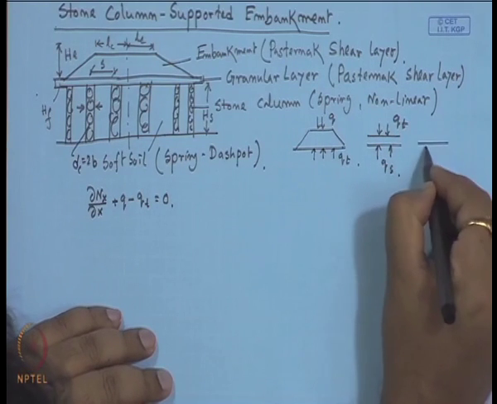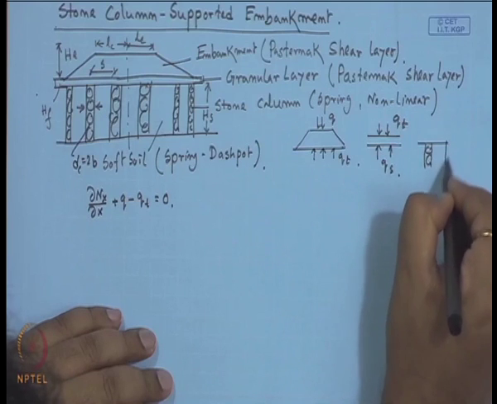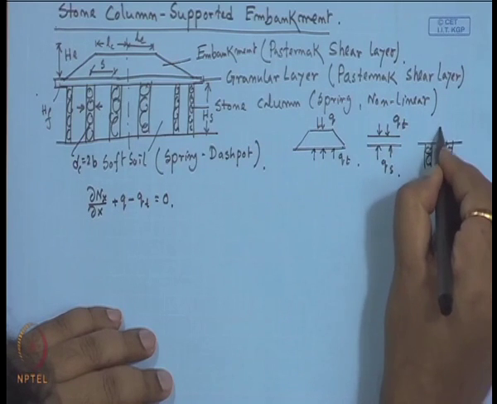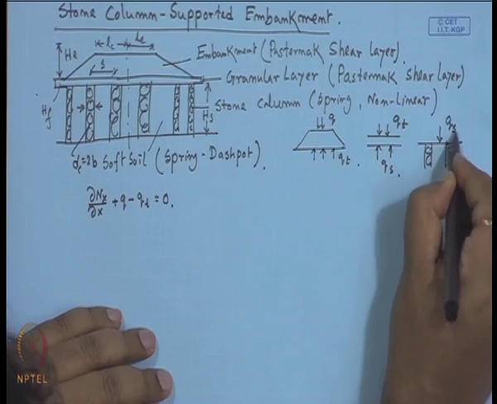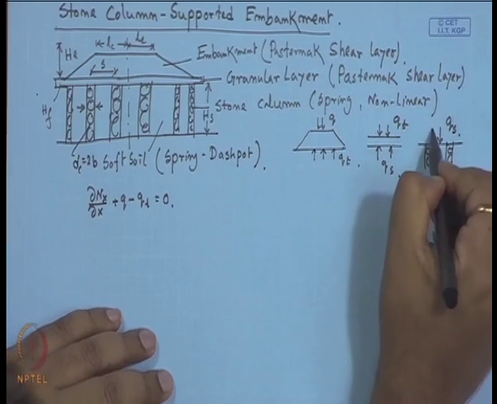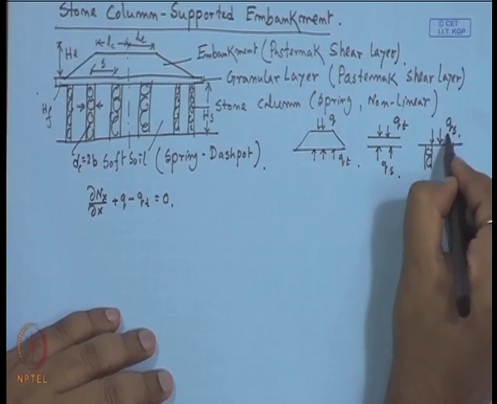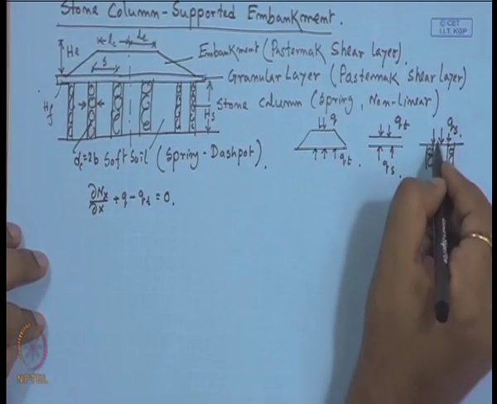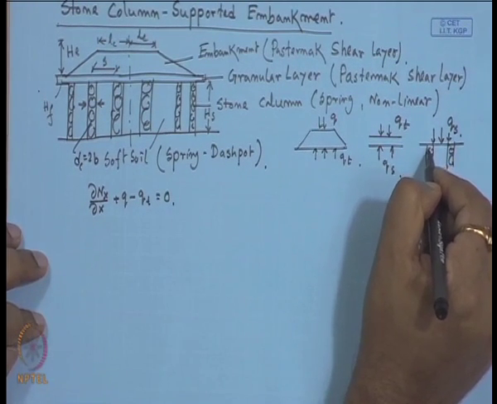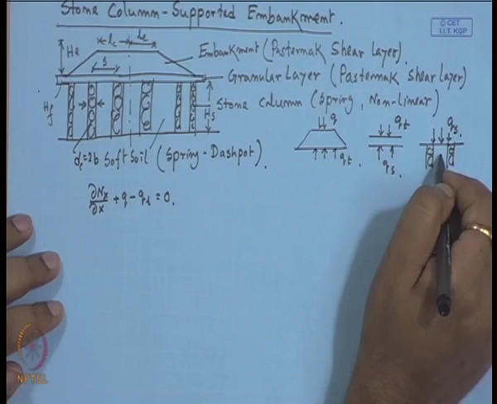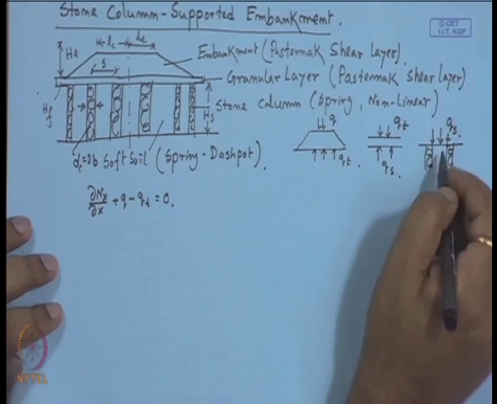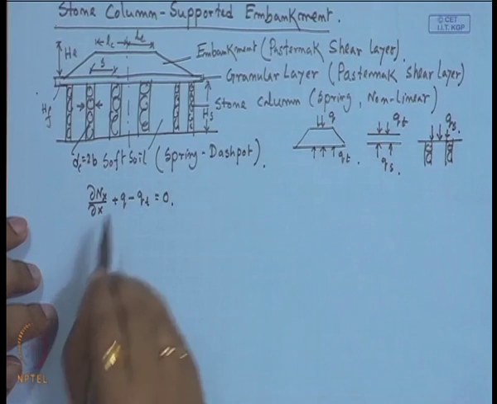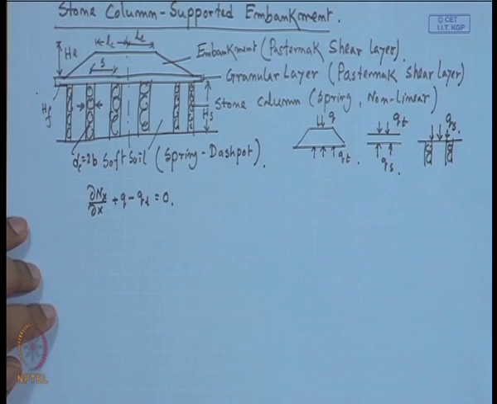Similarly, for the soft soil over the stone column, this will act as q s. Now, it has already been discussed that the stress acting on the stone column and the stress acting on the soft soil are not the same.